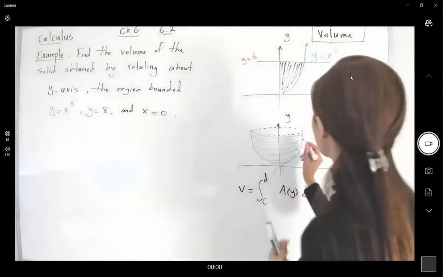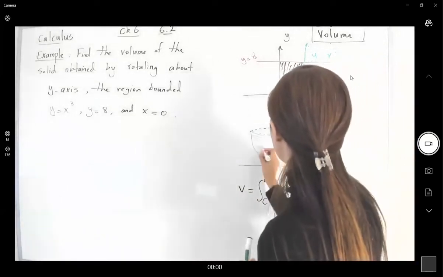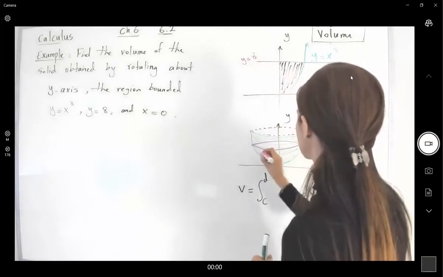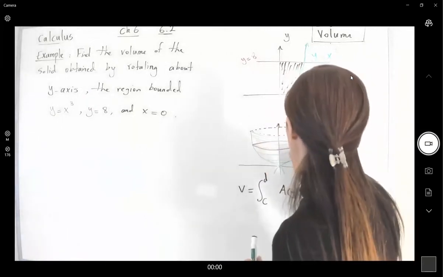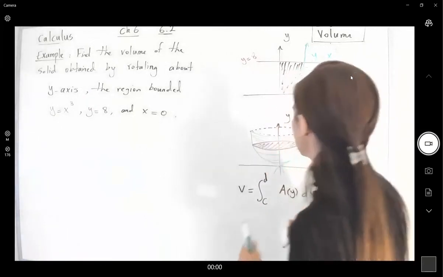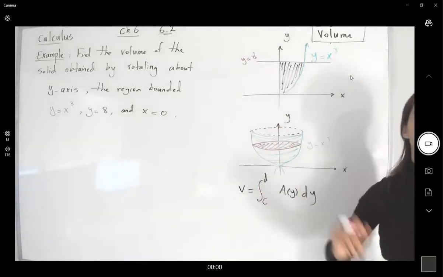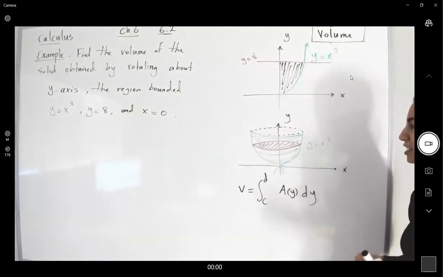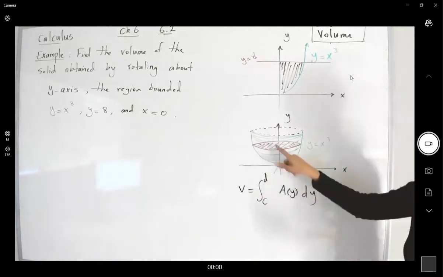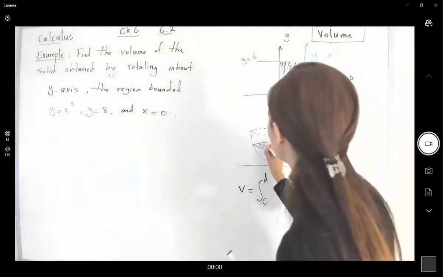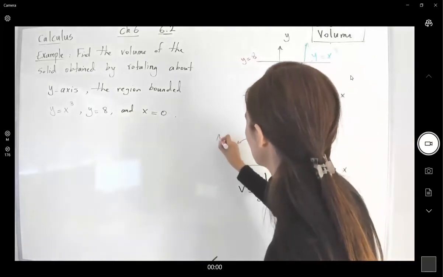So your job is to find this cross-section area. What is this area? And then plug that in here and just start taking the integral.